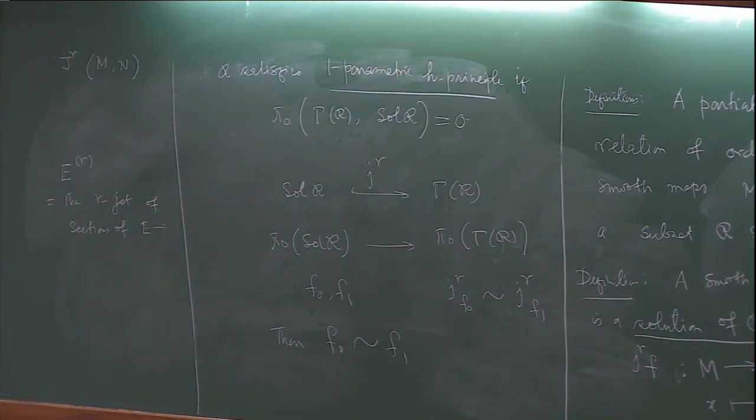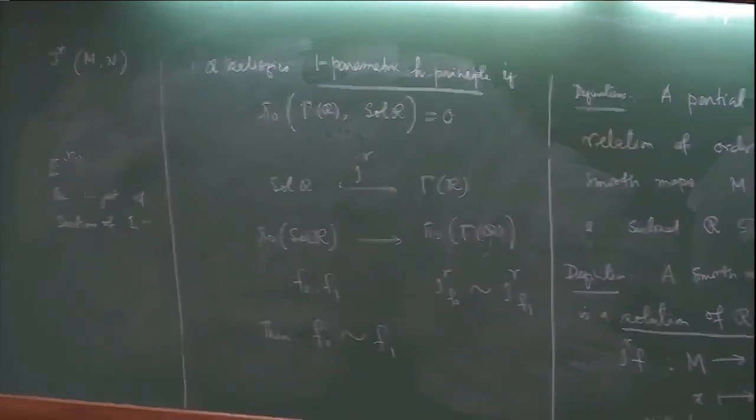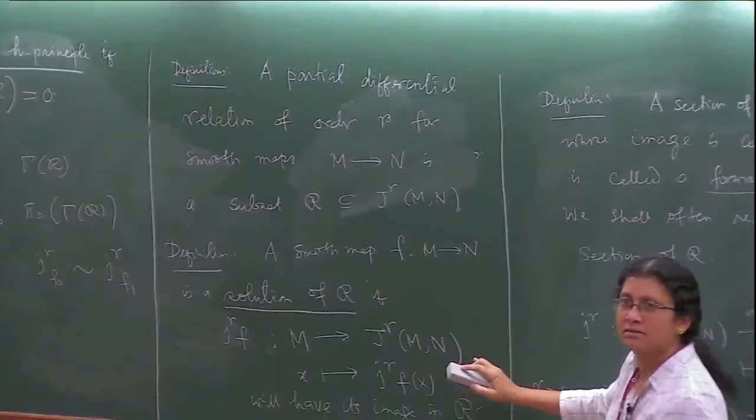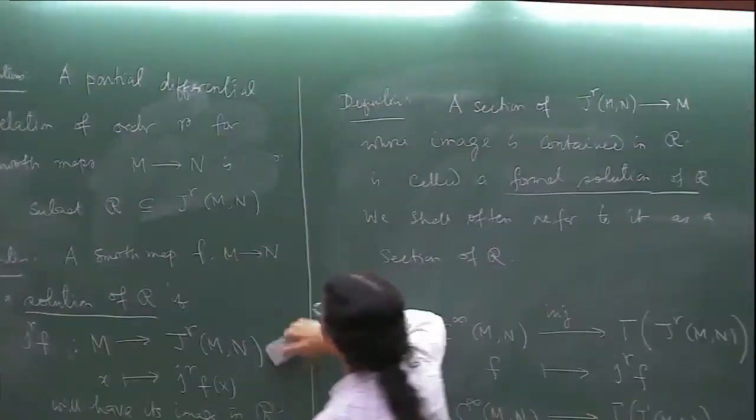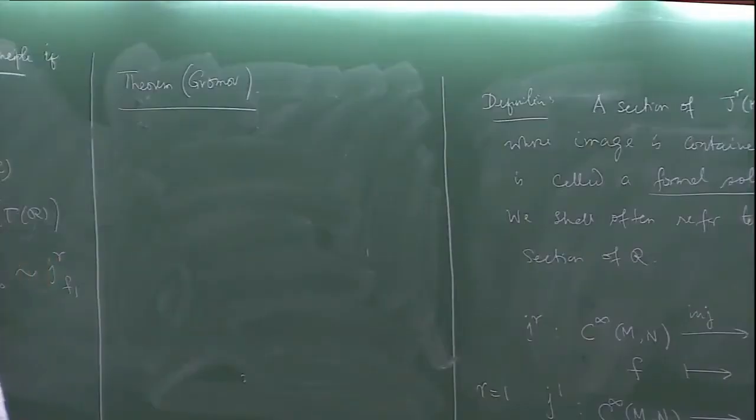Shall I keep this or erase? Okay. So, yes, pi 0 (M, N). Suppose you have some space. This is a subset, and given any point, you would be able to connect it with this.